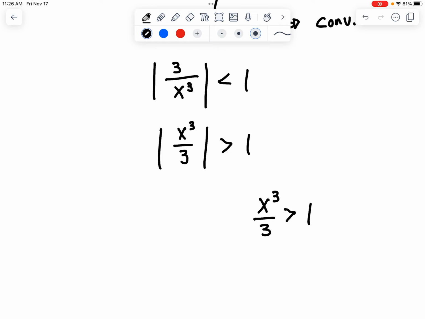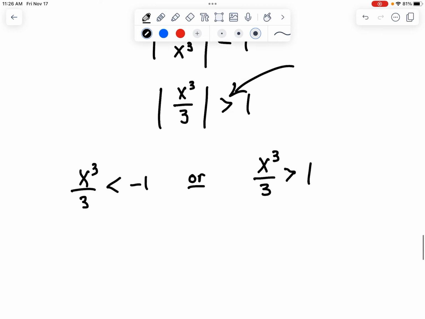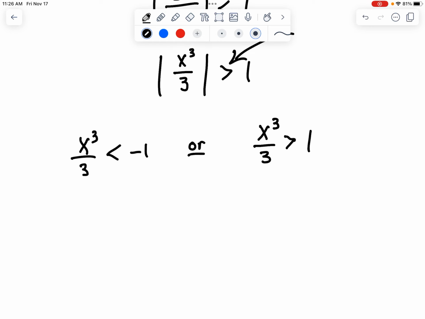And if it was a negative, then you would have another case and say, well, if this was negative, then you would have to multiply by a -1. And when you multiply by a -1, it's going to switch the inequality and it's going to give you a -1. And then put an or in between and just do algebra on each side. So this one is going to become x cubed is less than -3.